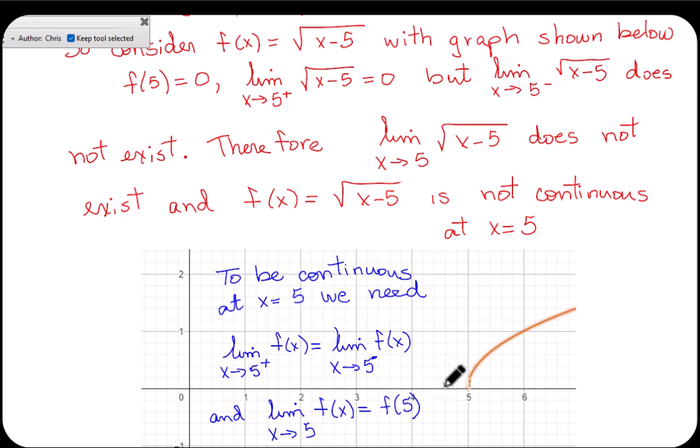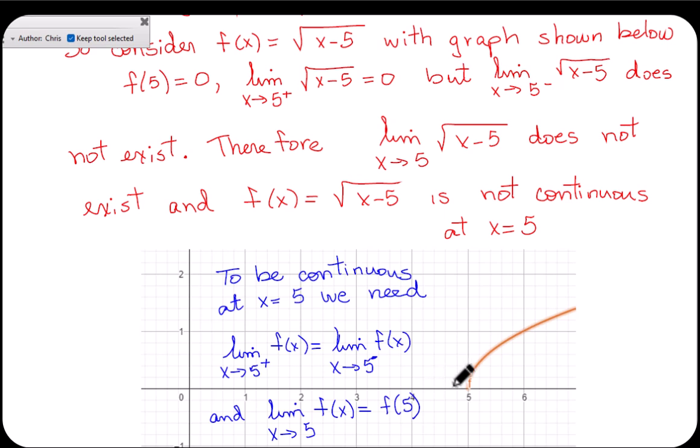Now from the graph it looks fine, but the problem is if I'm coming in from under 5, for example 4, then 4 minus 5 is a negative 1. I've got the square root of a negative number, which is a complex number, and I can't have that. So the limit from the left doesn't exist.